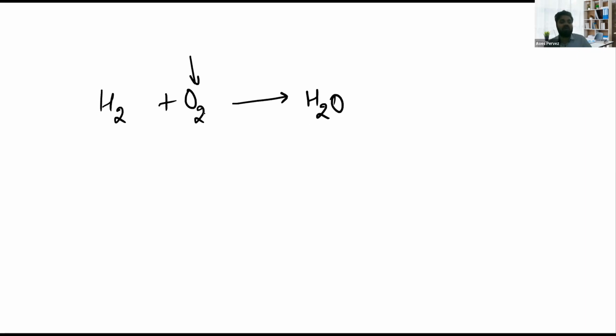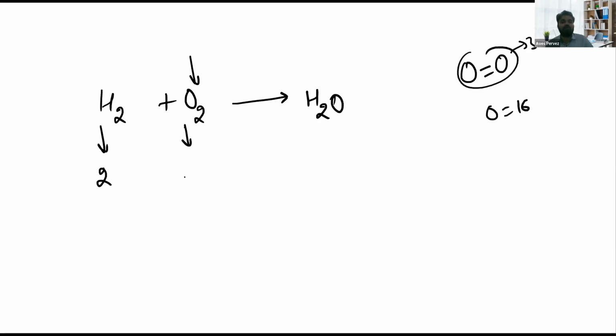There are two oxygen atoms, where is one oxygen atom? The mass of two hydrogen atoms is 2. The mass of two oxygen atoms is 32, because the O atom does not exist alone; oxygen exists in the form of O2. So one oxygen atom is 16, and two oxygen atoms is 32.